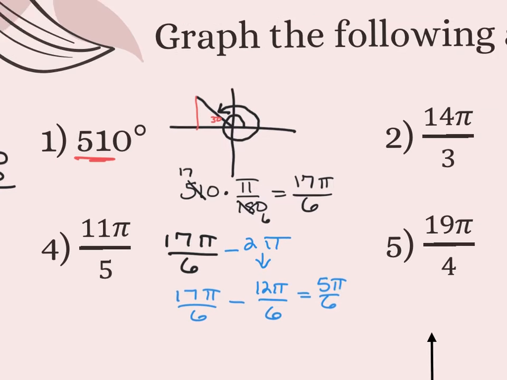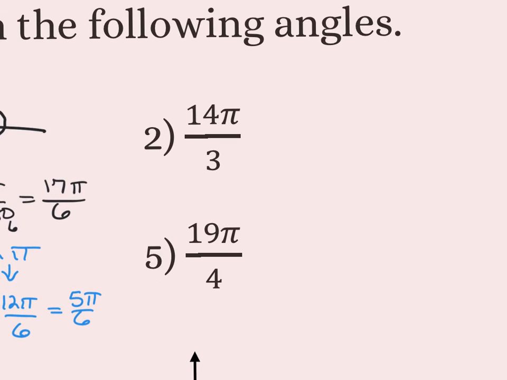Let's try the next one. Again, it's in radians. So if it's easier for you at the beginning to convert it to degrees, you could do that. The conversion from radians to degrees would be 180 over pi. Cancel. Cancel. 14 times 60 is 840 degrees.